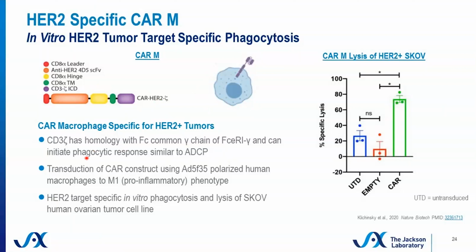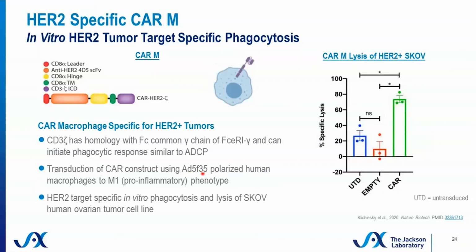Now, what's also interesting about this study, with myeloid cells, is what do you use for the vector delivery component? Many myeloid cells are resistant to infection by various adeno-associated viruses and various subtypes. And they found a very specific serotype of adenovirus called AD5F35 that was able to deliver their cargo.